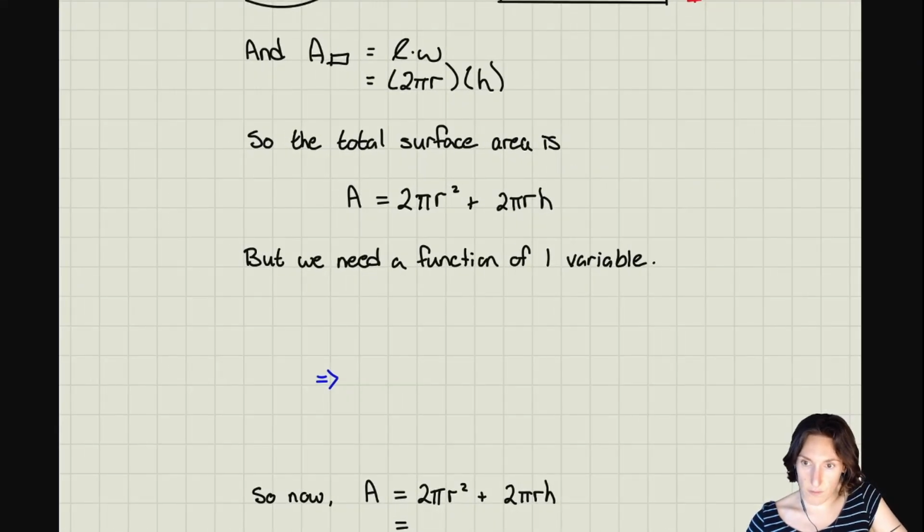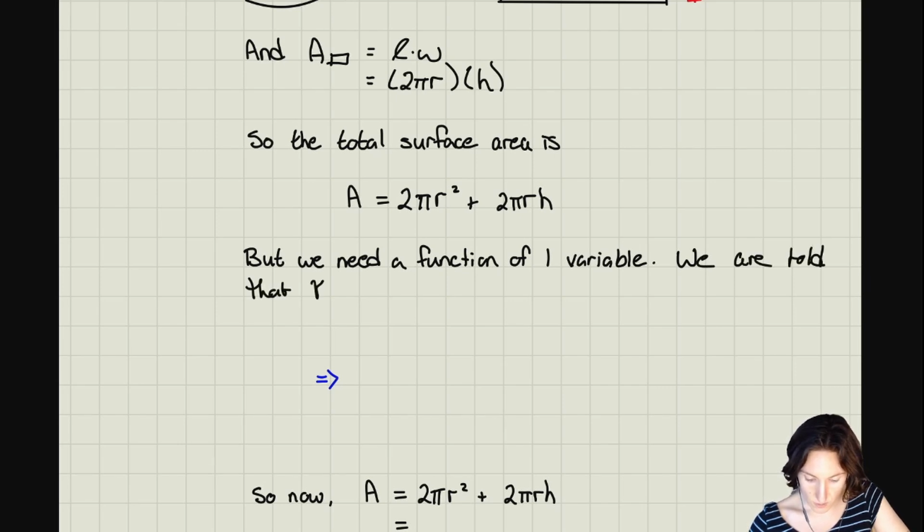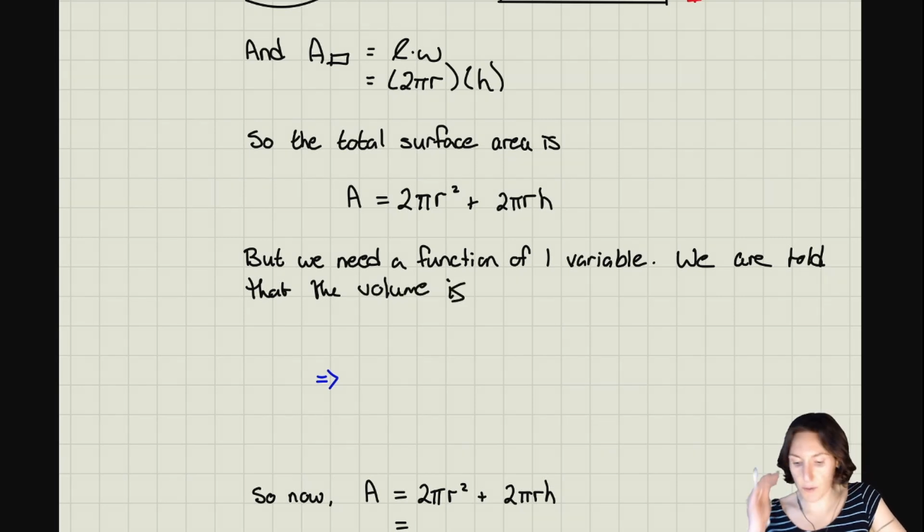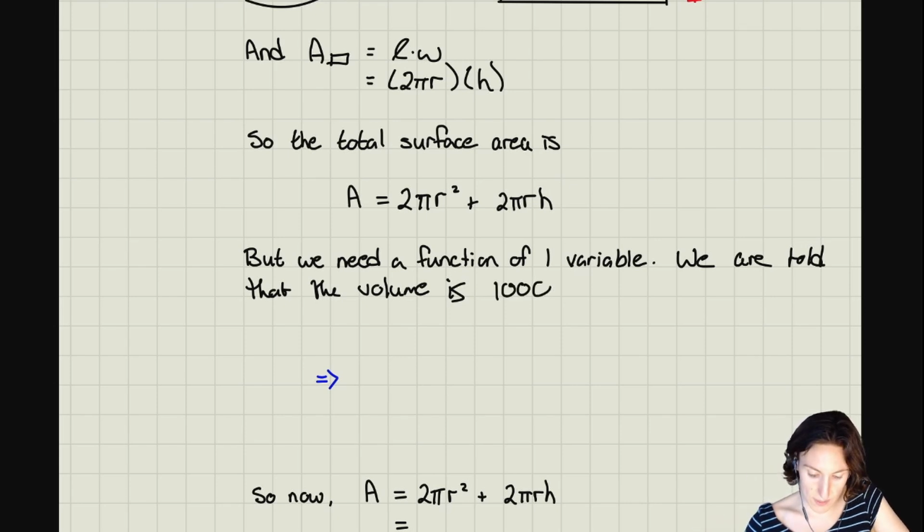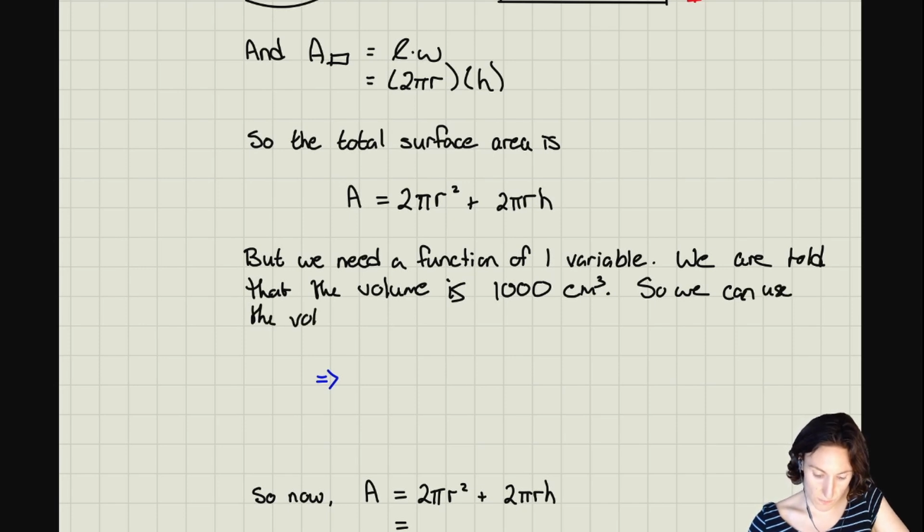So I need to have one function, and we are told that the volume is, now I'm not going to write it in liters, I'm going to write it in centimeters just because the length and the height and all these things are in centimeters. So the volume is 1,000 centimeters cubed. So we can use the volume expression to relate r and h.